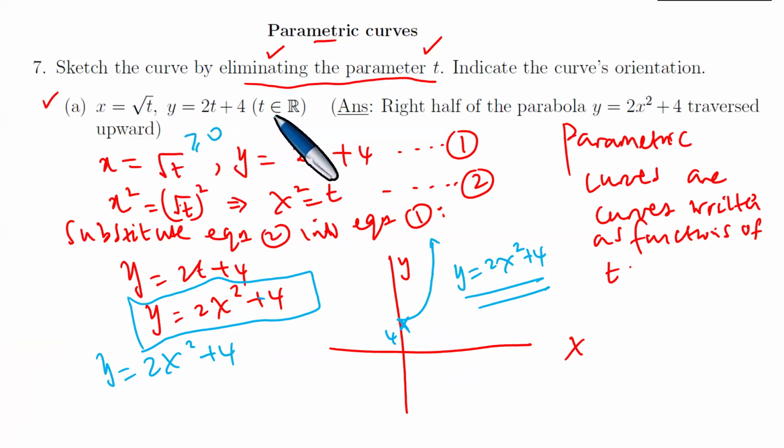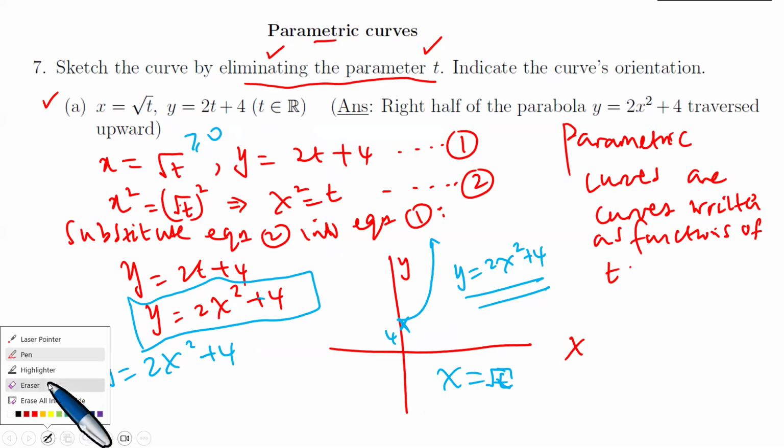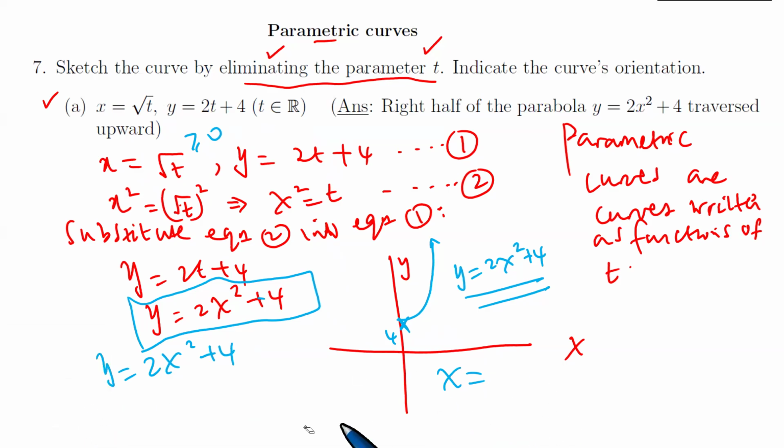As much as t is a real number, x is the square root of t, which means x is greater than or equal to 0. So x greater than or equal to 0 means you have this.